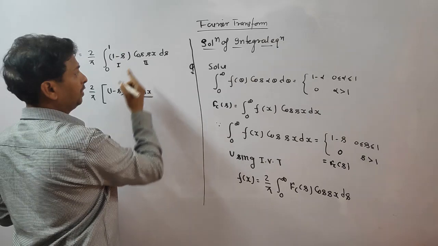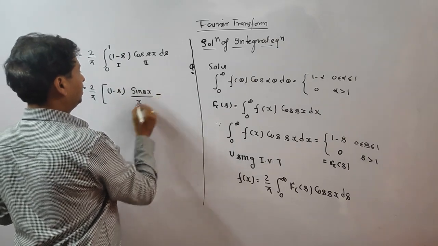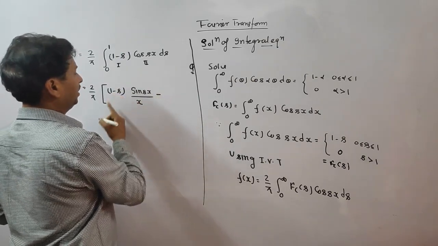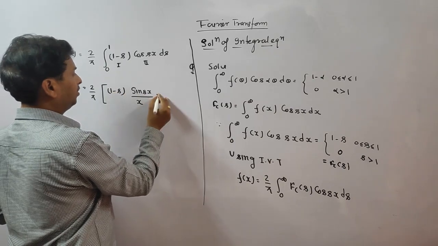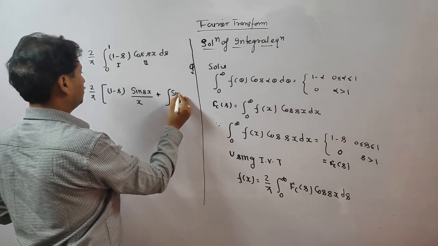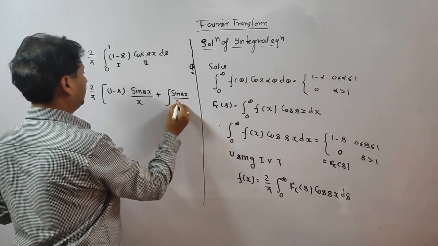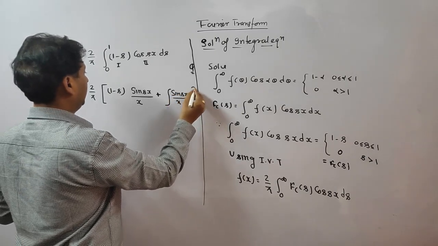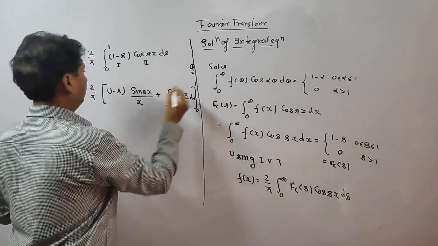Because we are integrating with respect to s. Minus the differentiation of the first with respect to s, minus 1 will come, so it is plus the integration of sin(sx) by x ds, and the whole limit 0 to 1.